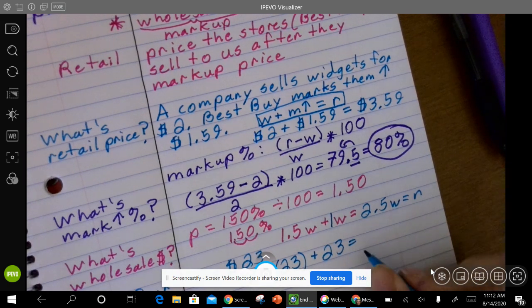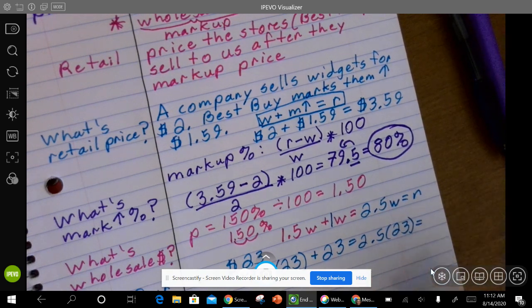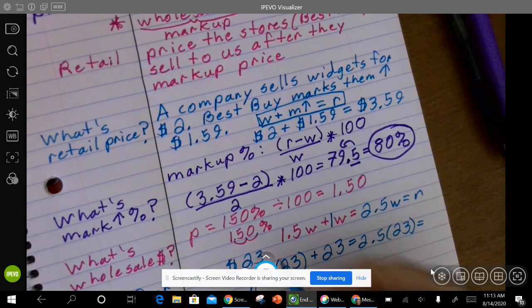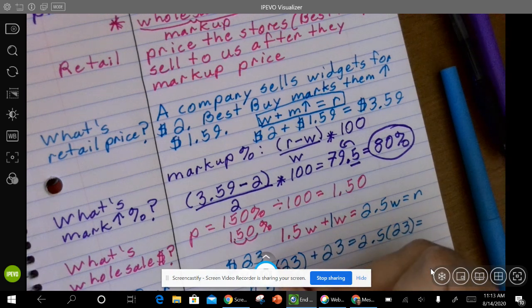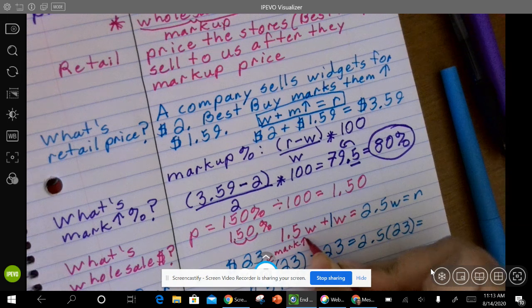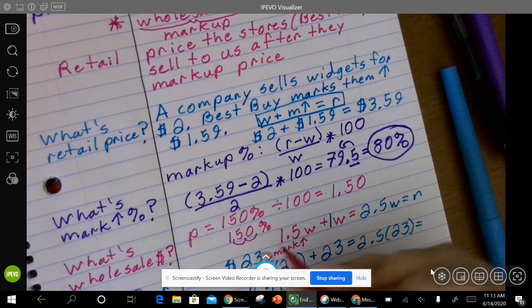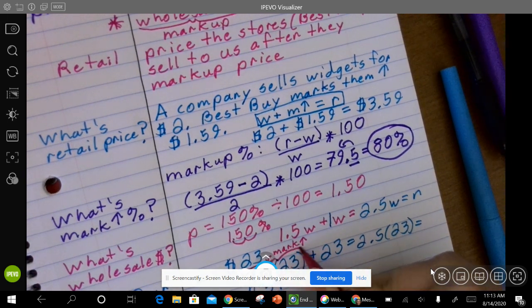And so we could think of it as 2 5/10 times 23. And that is going to give us $57.50, and that would be our retail price. Again, everybody remember that that's the markup. So this whole thing, this part, everybody, is the markup.